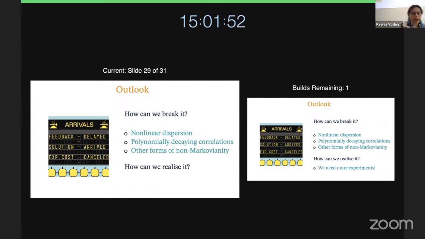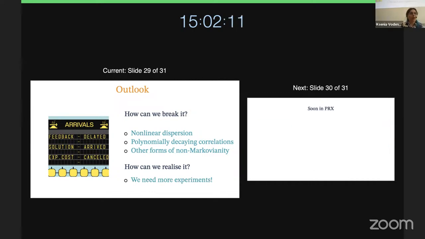And the last thing we're also interested in is realization, even though, of course, there are already some realizations. It's always interesting to see if it's possible to realize such setups in different platforms. So if there are ideas, I'm very happy to hear that.